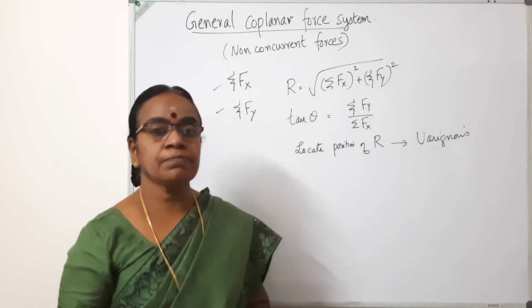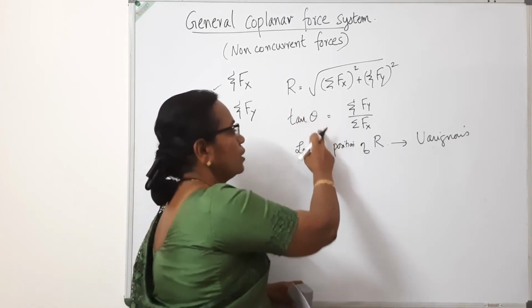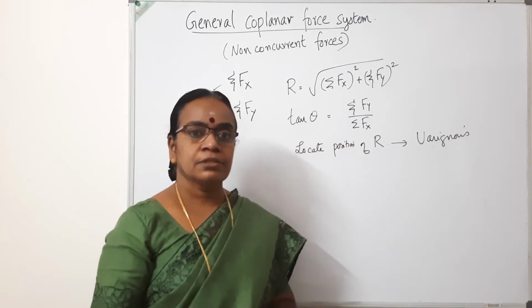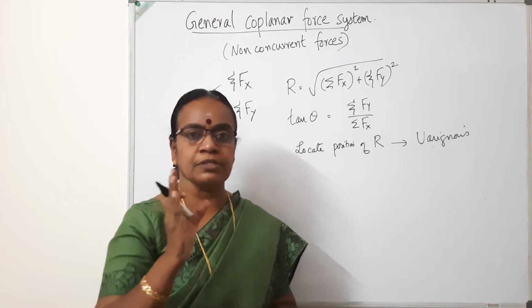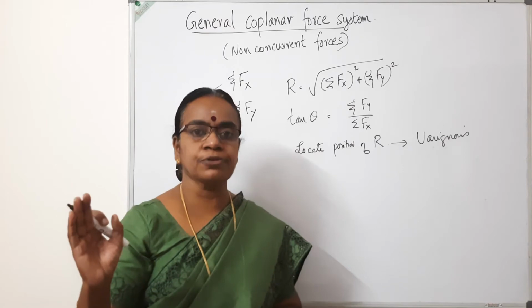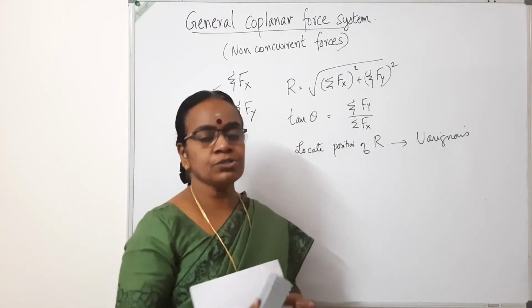So for a general force system, the resultant's magnitude, direction and location: you use Varignon's theorem. The moment of the resultant about any point is equal to the sum of the moments of the component forces about the same point. We will see a numerical example to make it more clear.